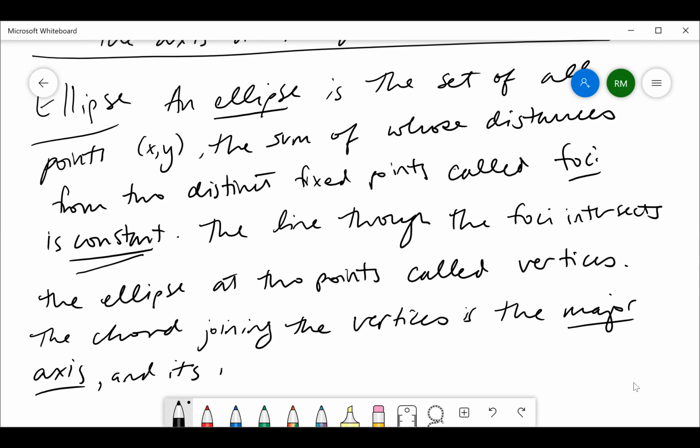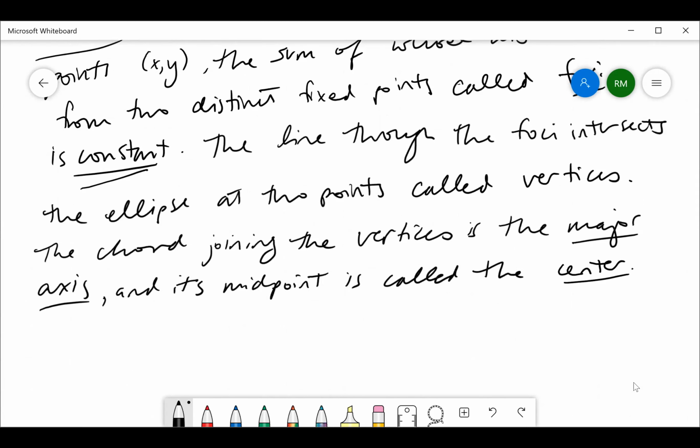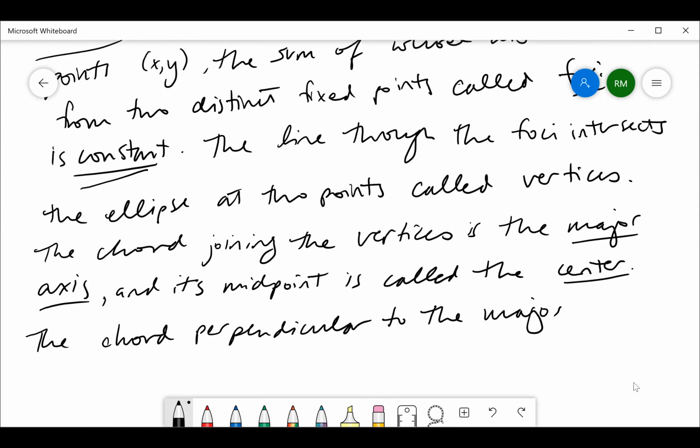And its midpoint is called the center. And lastly, the chord perpendicular to the major axis at the center is called the minor axis.